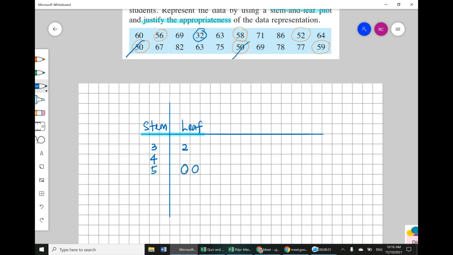After 50 is 52. So I write my 2 here. I cancel it. After that, followed by 56. Thank you. And then 58. Very good. 58 comes first, so after that, 59. So I write my 9 at the back.